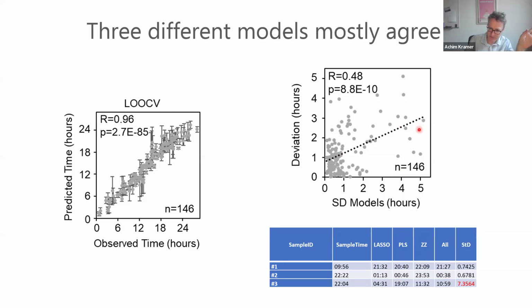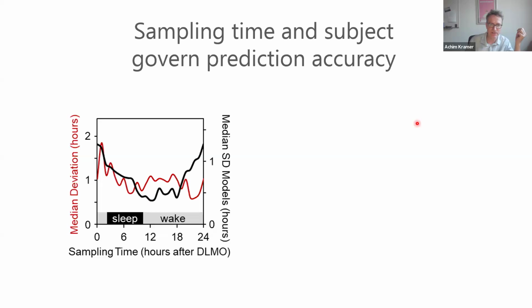Which is good because by using 3 models, we have a kind of built-in control alerting us if that standard deviation is too high. We have to be really careful in trusting the predictions.